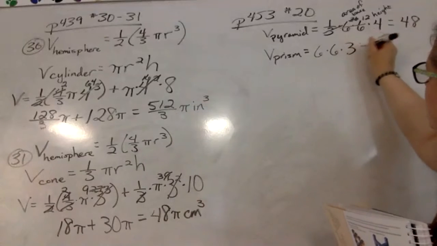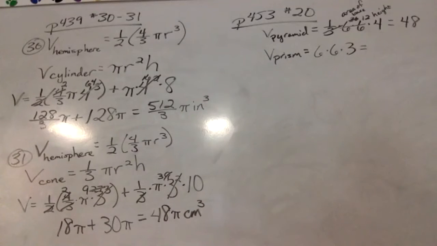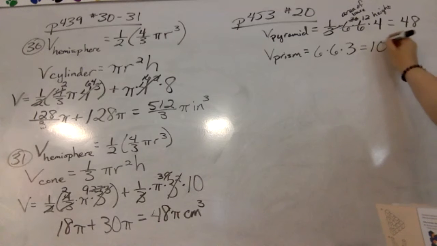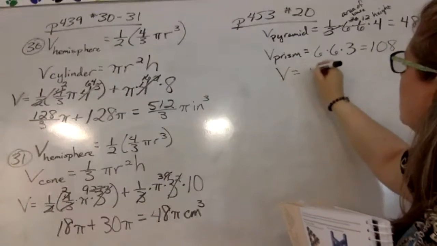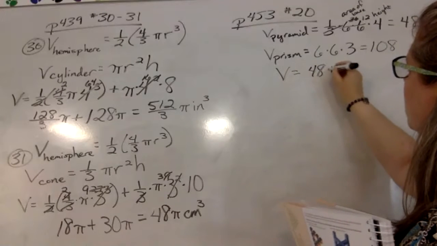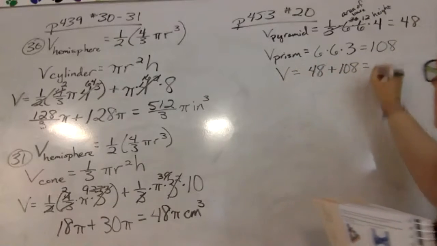So I have 6 times 6 times 3. So 36 times 3 is 108.